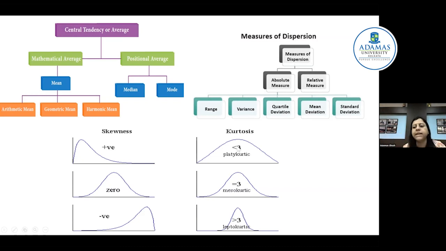So the value of kurtosis will be less than 3, which is called platykurtic. If the kurtosis is equal to 3, that means your data is perfectly symmetrical and it is forming a bell-shaped curve. 3 is a benchmark for a bell-shaped curve, and anything more than that is creating a steep rise, which is leptokurtic. And anything less than 3 is platykurtic, which means it is flatter towards the tail. So these are the three measures of kurtosis to describe your data.